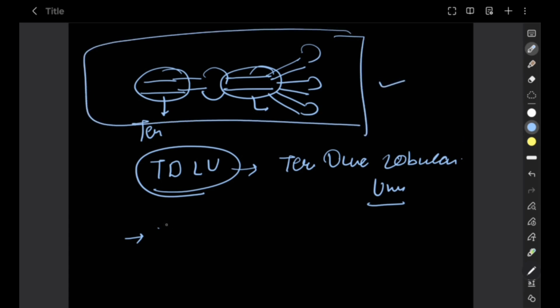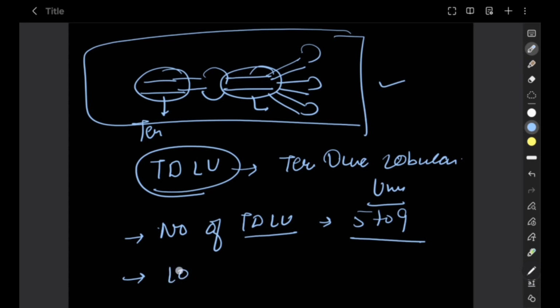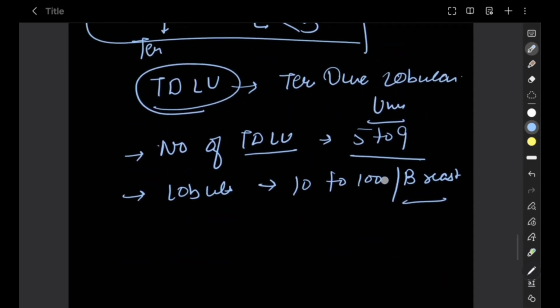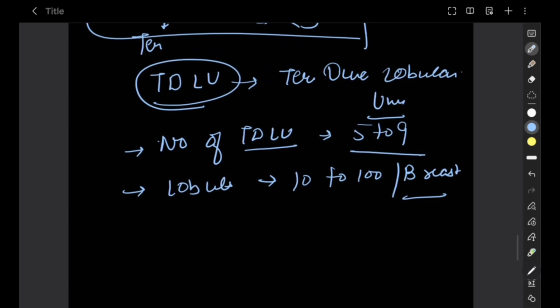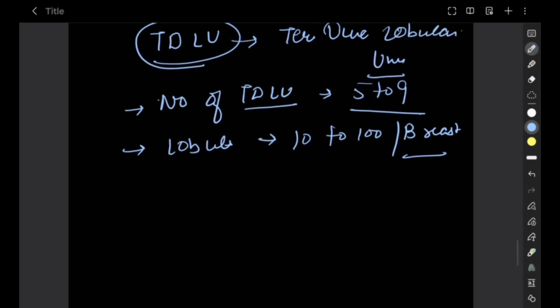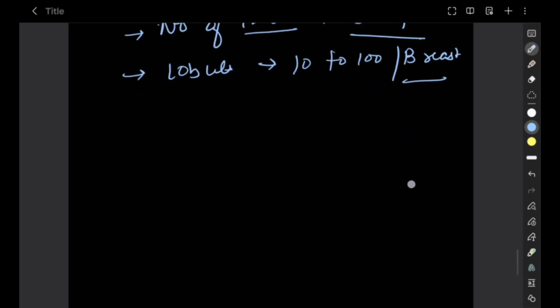So how many TDLUs lie in the breast? It is 5 to 9. And the number of lobules in the breast is 10 to 100 per breast. So this is the TDLU unit of breast. The number of TDLU units in breast is 5 to 9 and lobules 10 to 100.